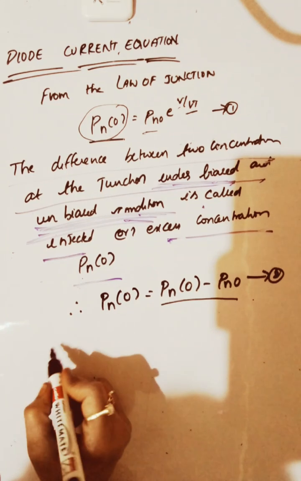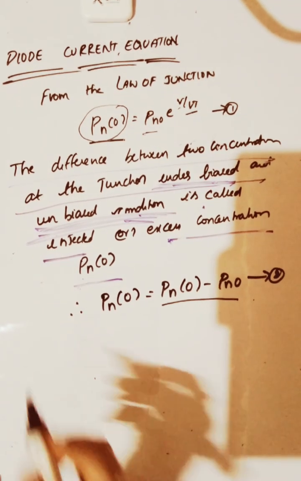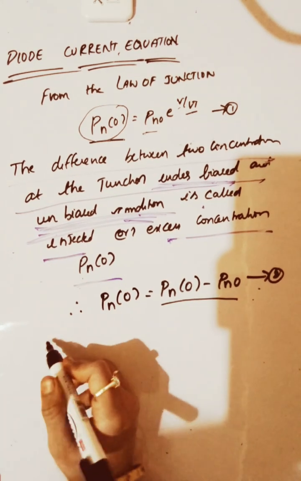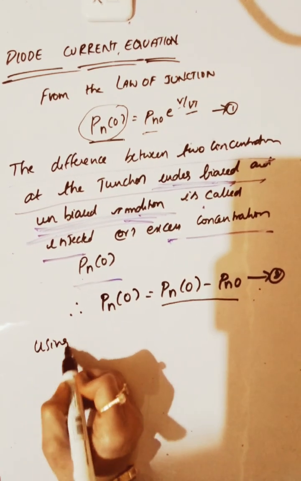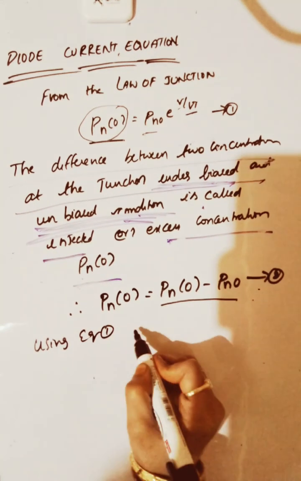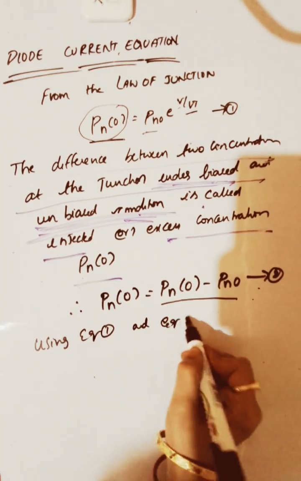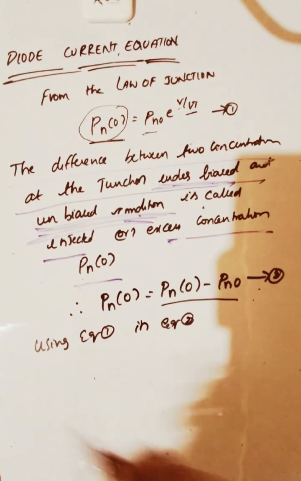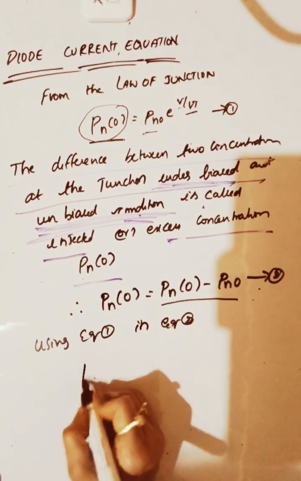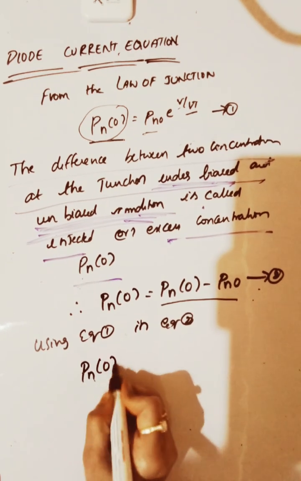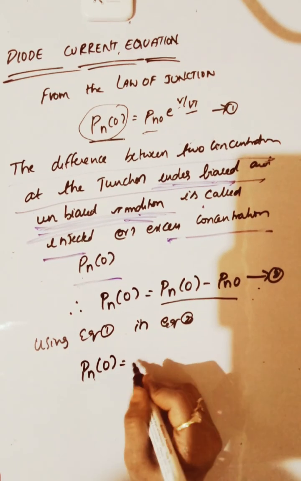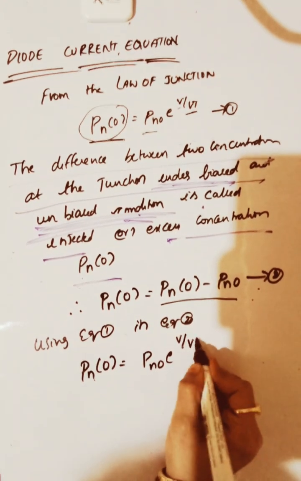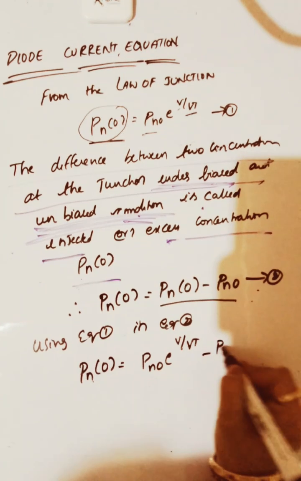Now using equation 1, substituting equation 1 in equation 2, pn(0) is equal to Pn0 e to the power of V by Vt minus Pn0.